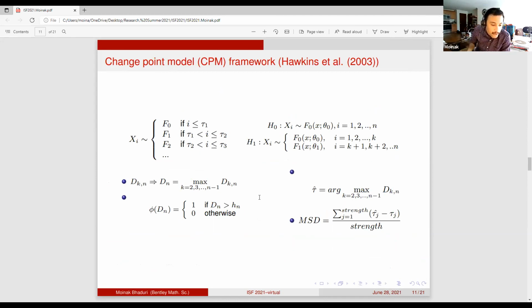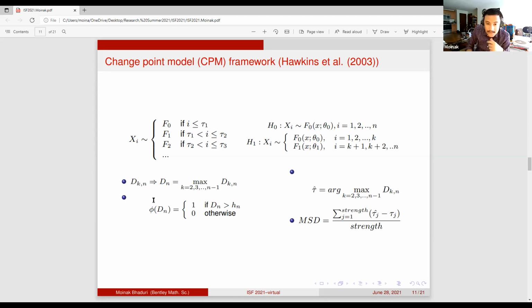So this general problem of change detection has been attacked from several fields, especially since the 1950s. One construction that proves to be extremely useful was the one introduced by Hawkins and others in 2003, where, with a given sample size, they translated the entire problem into finding several of these 2-sample statistics, these D_K,n over here, measuring the difference between the pre-change and the post-change pieces for a fixed initial guess of K. Now, the best guess of K would be the one that minimizes some overall loss function, or one that maximizes some overall utility, for instance.